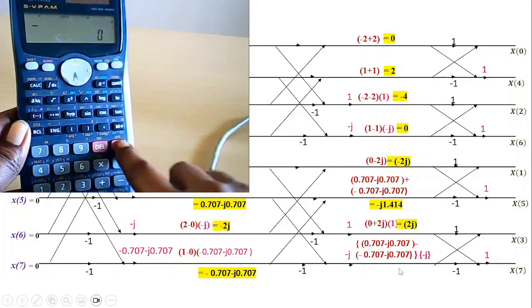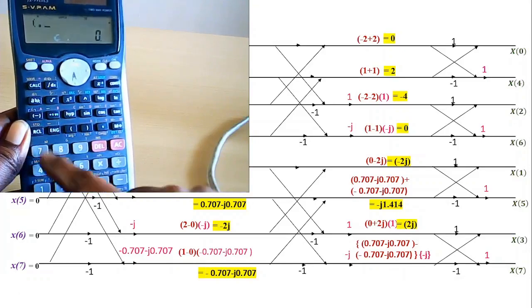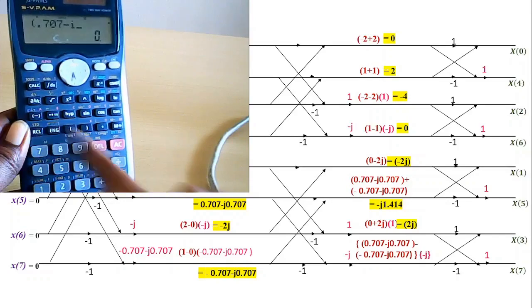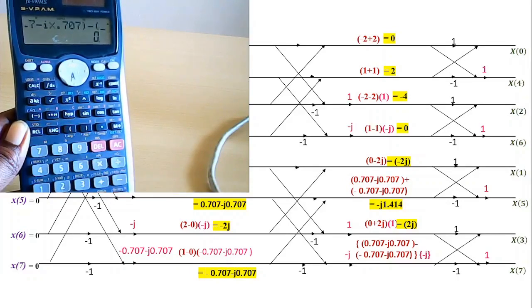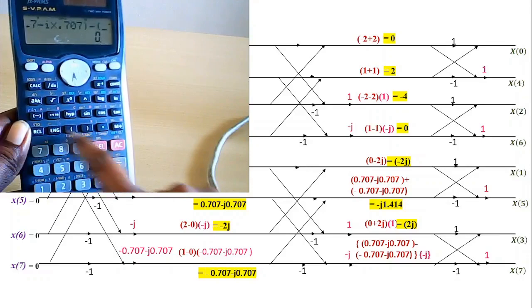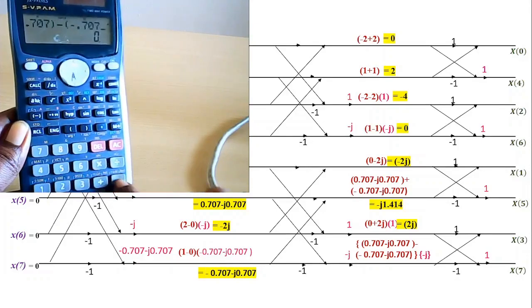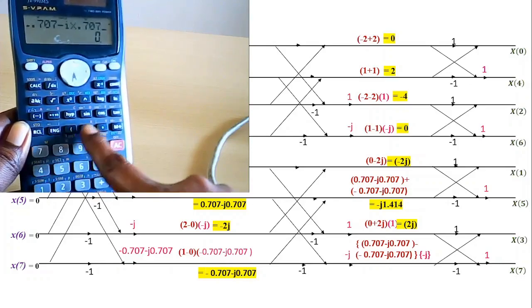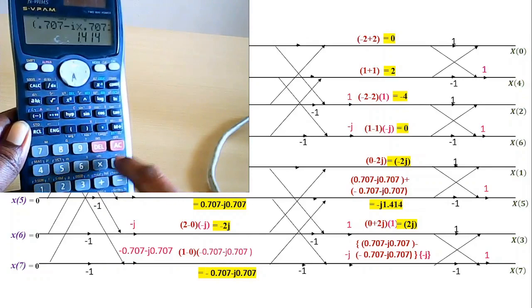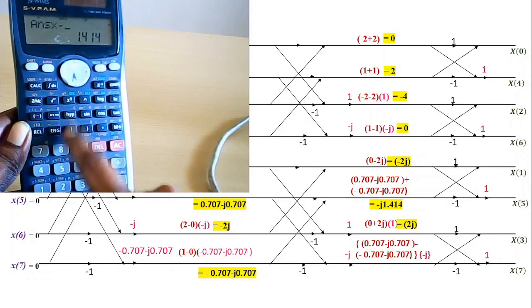Then next is going to be open bracket 0.707 minus j into 0.707 close bracket. Then minus open bracket minus 0.707 minus j into 0.707 close bracket, and this value should be multiplied by minus j.